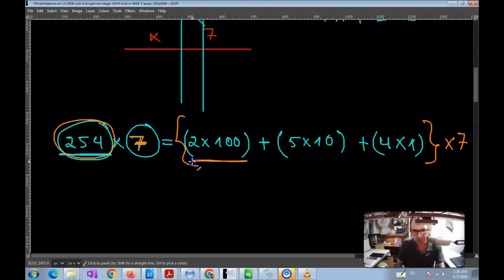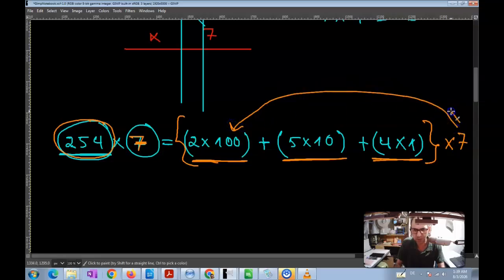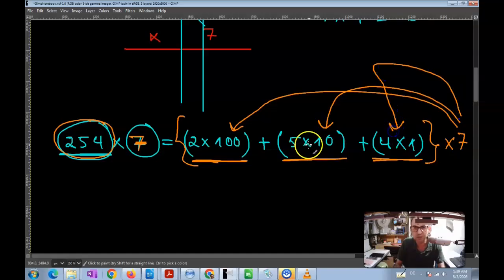So this item is being multiplied by 7, this one and this one, all are being multiplied by 7. So the operation becomes 7 times this item plus 7 times this item plus 7 times this item, right? So I will write 7 times 2 times 100.